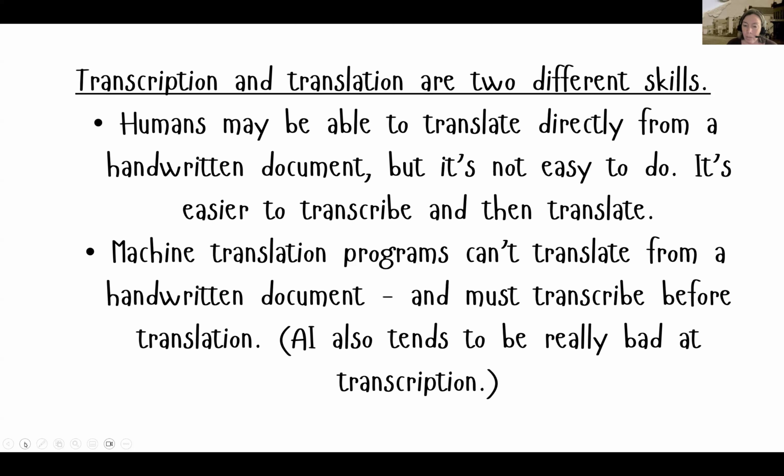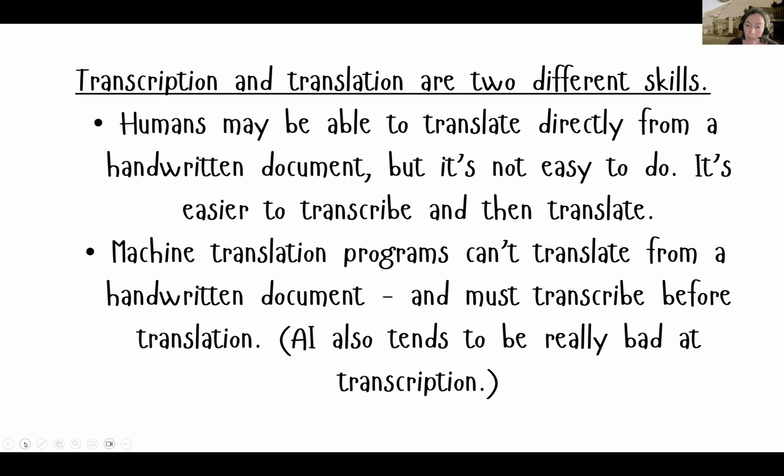Machine translation programs, think AI, cannot translate from a handwritten document. It's really easy to get confused by this because you can ask AI to translate a document and it will spit something out. They, being the machine translation program, are not actually translating. What they are doing is they are transcribing the document, think handwritten text recognition, and then translating from the transcription. Why does this matter?